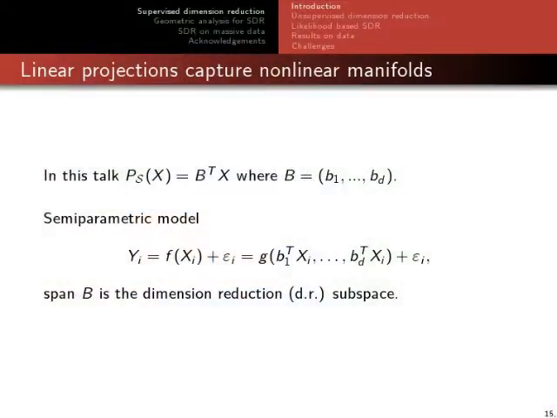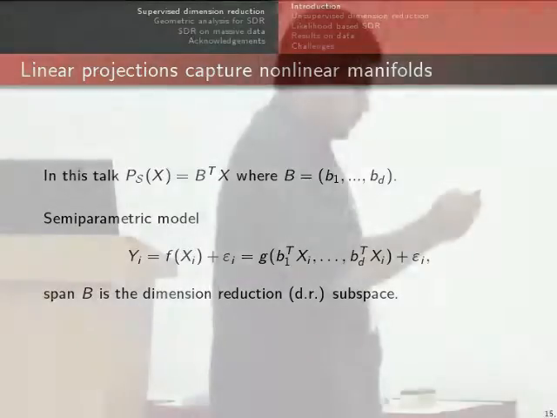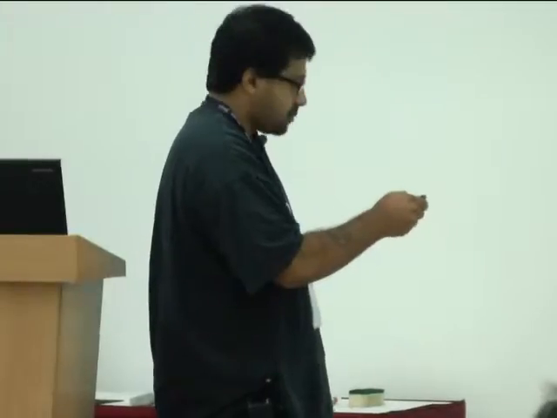So again, going back to the regression problem, just what I said before. These are my Y's. These are my X's. And my model, Y is equal to f of x_i plus epsilon_i. I can write this as what's called a semi-parametric model, in that I can rewrite it as a function g which is in the span of a much lower dimensional reduction.